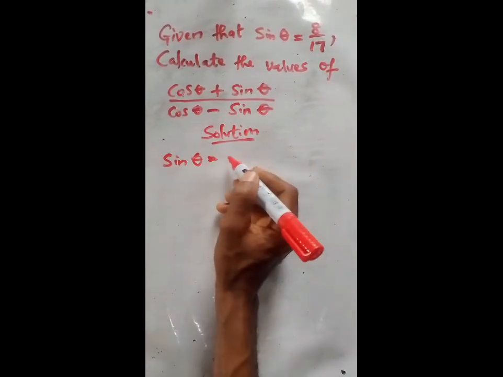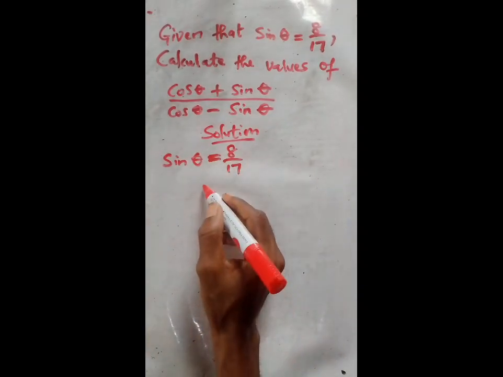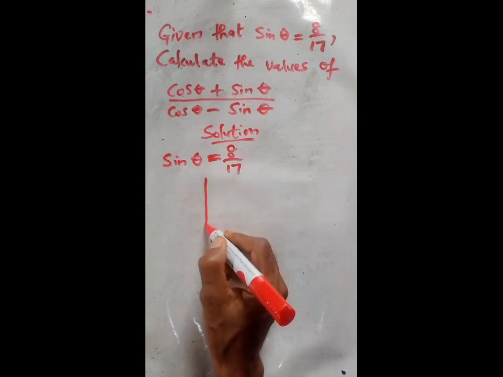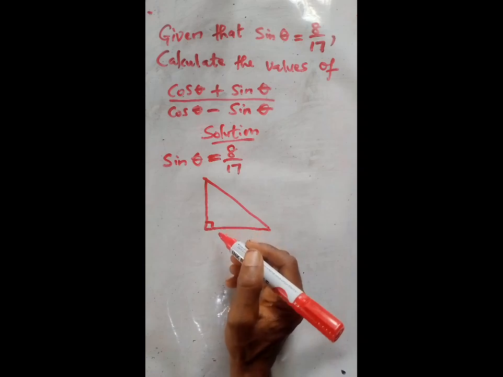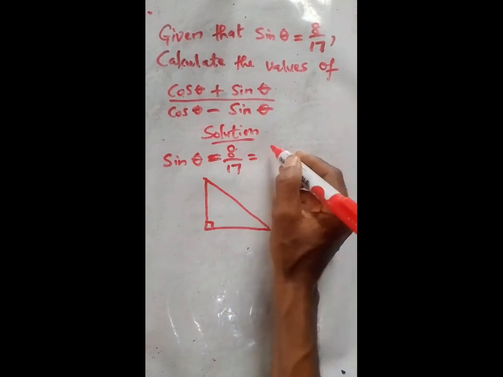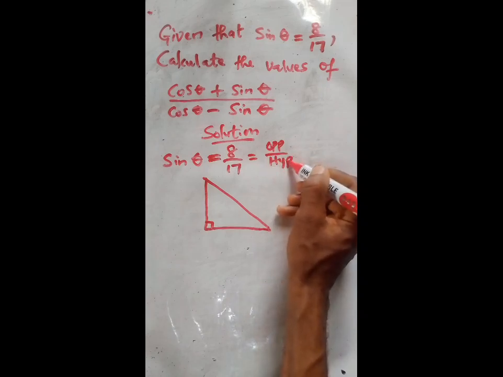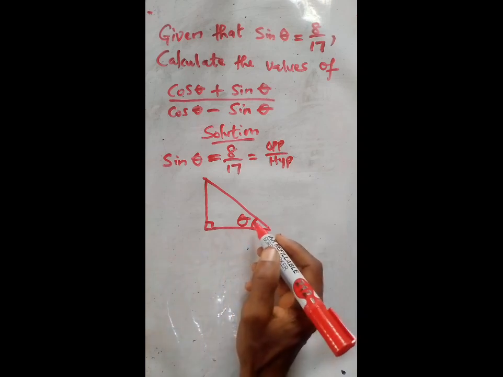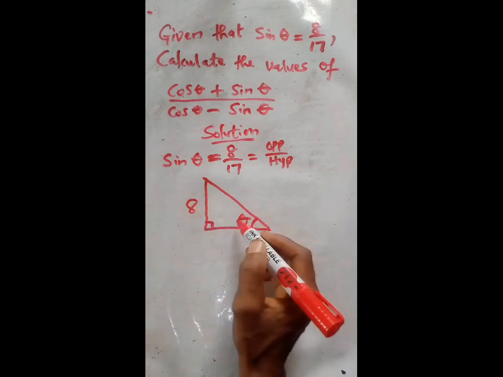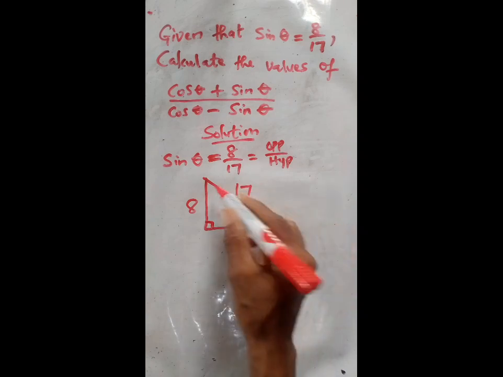Now, from our right angle triangle, sine theta is opposite over hypotenuse. So if we have our theta here, the opposite side is 8 and our hypotenuse is 17.